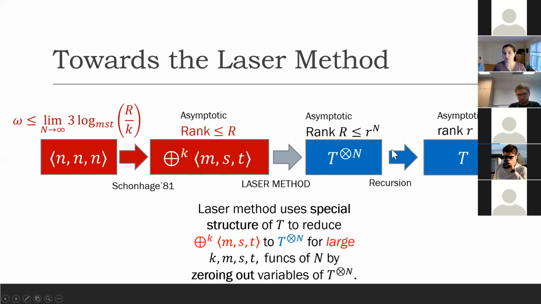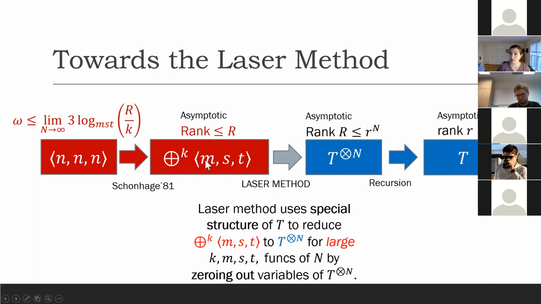So what you do is you have some huge power n you get to pick, and you show bounds on the rank of direct sums of matrix multiplication tensors, where k, the number of tensors, m, s, and t are functions of n. So you express them as functions of n, and then you do it by zeroing out variables in here, and you show that given a tensor of a nice structure, you can zero out enough variables so that you can get something of this form.